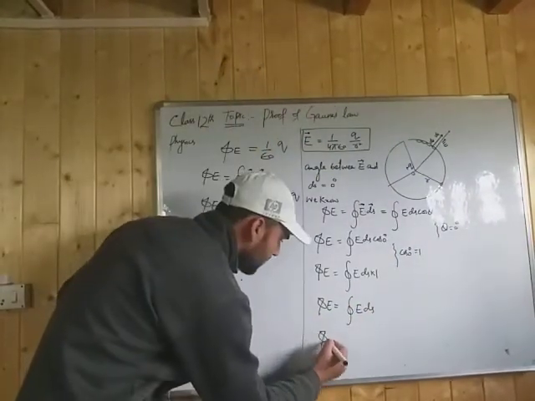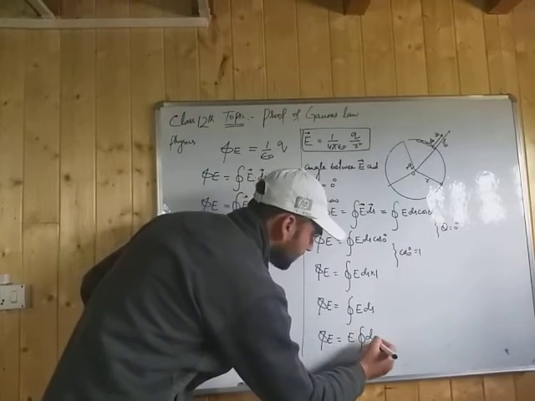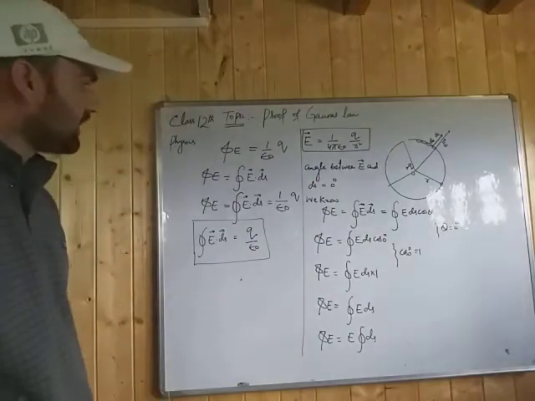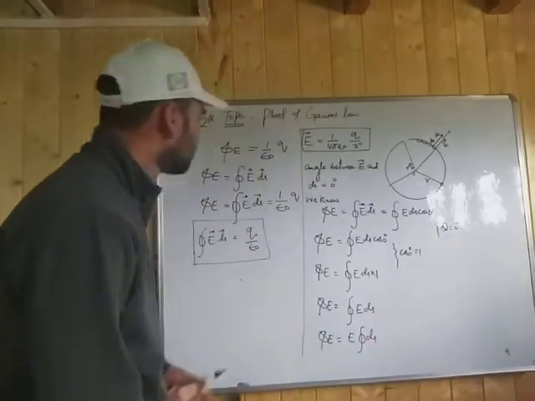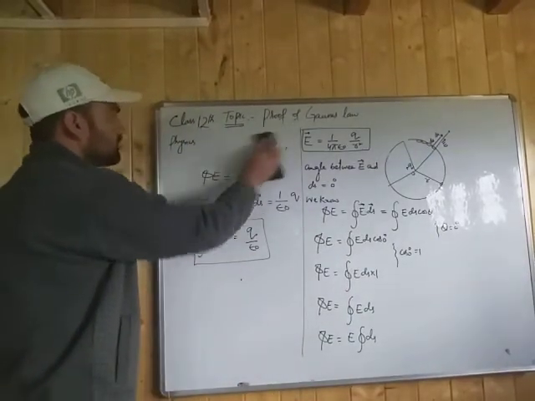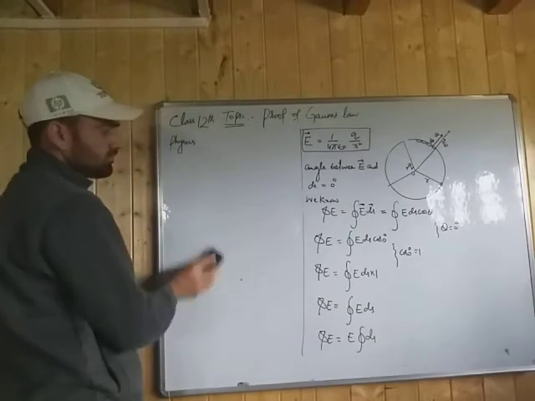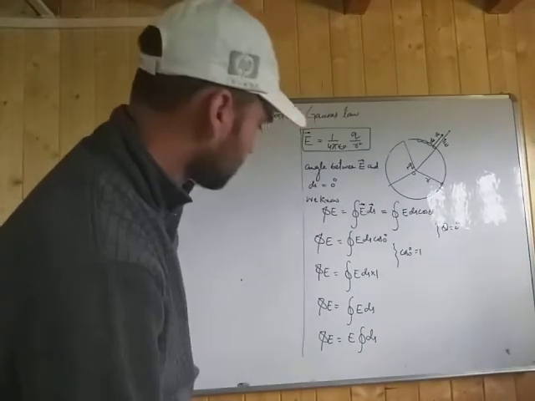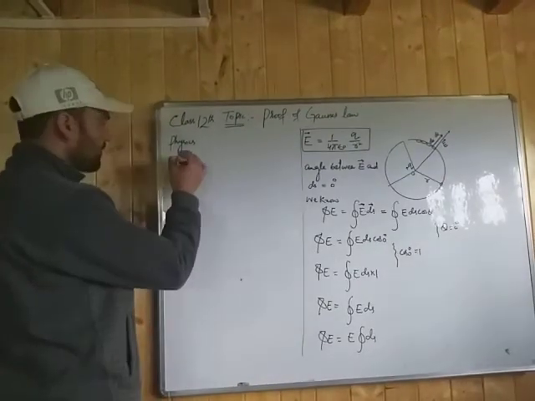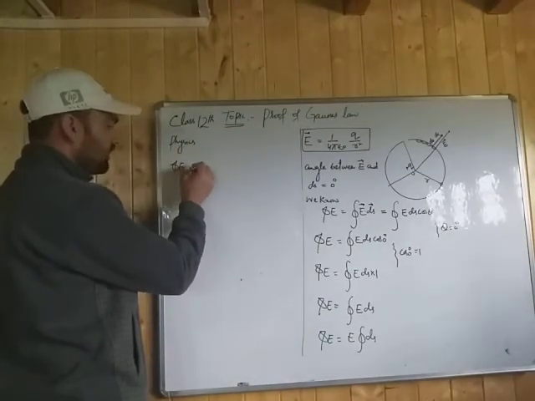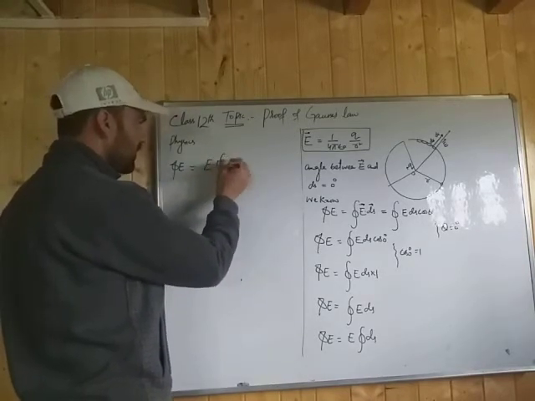So phi E is equal to E times closed integral of dS.